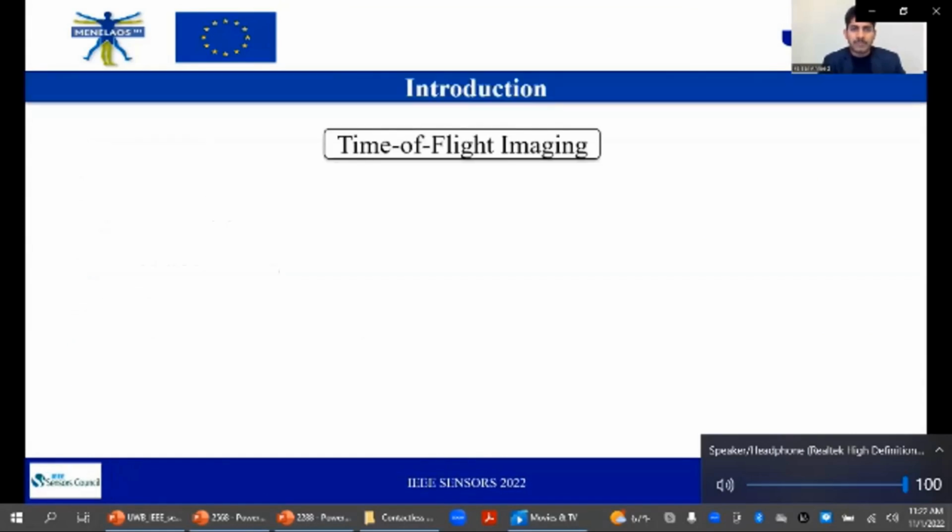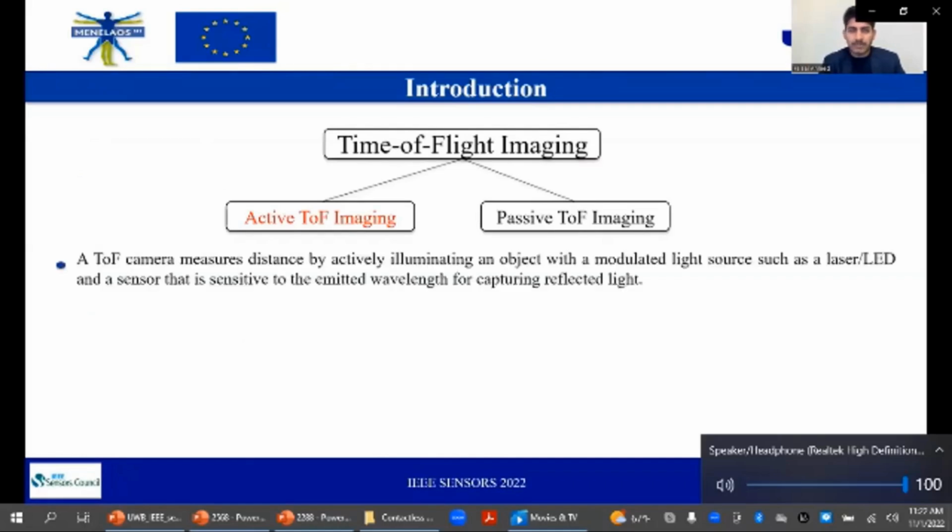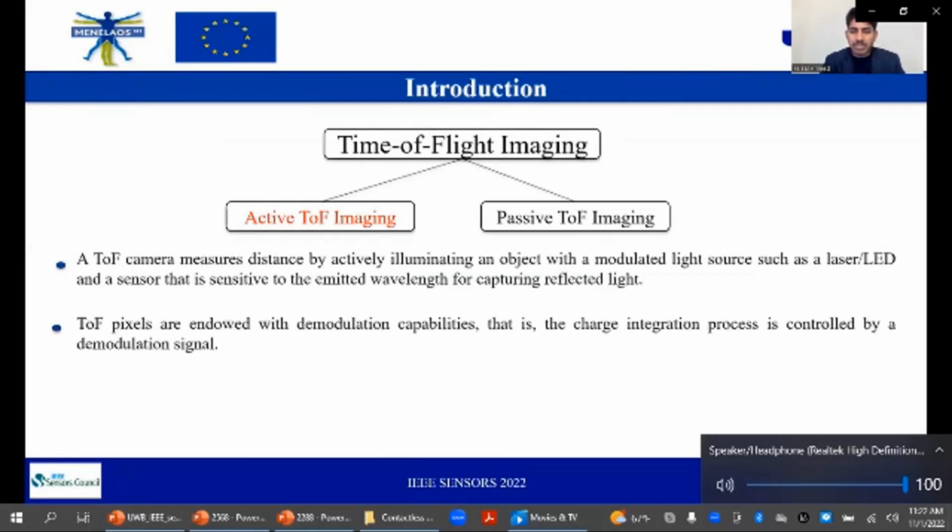So let's begin. The time-of-flight imaging is divided into two categories. One is active time-of-flight imaging and the other is passive time-of-flight imaging. So basically, a ToF camera is an active system that needs a dedicated illumination unit that illuminates the scene, and from there it is able to estimate the depth from the reflections by exploiting the demodulation capabilities of demodulation signals.